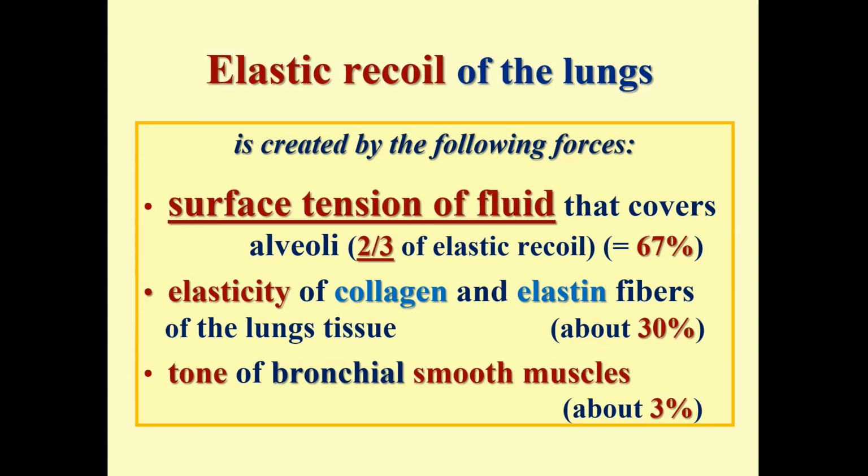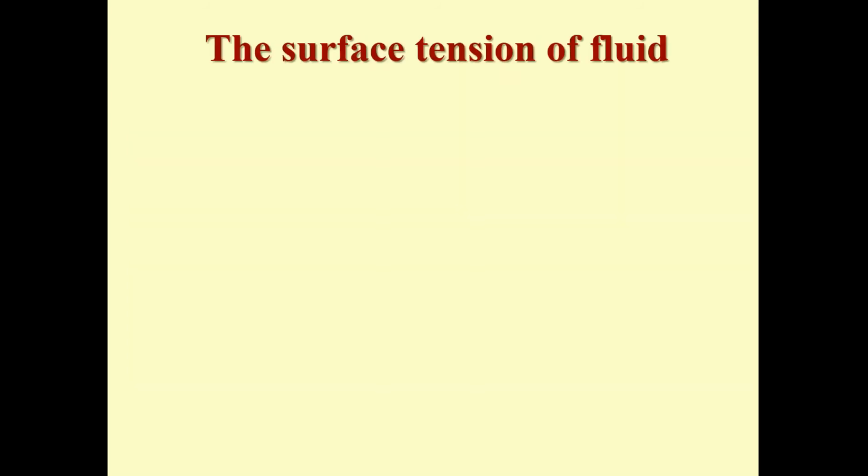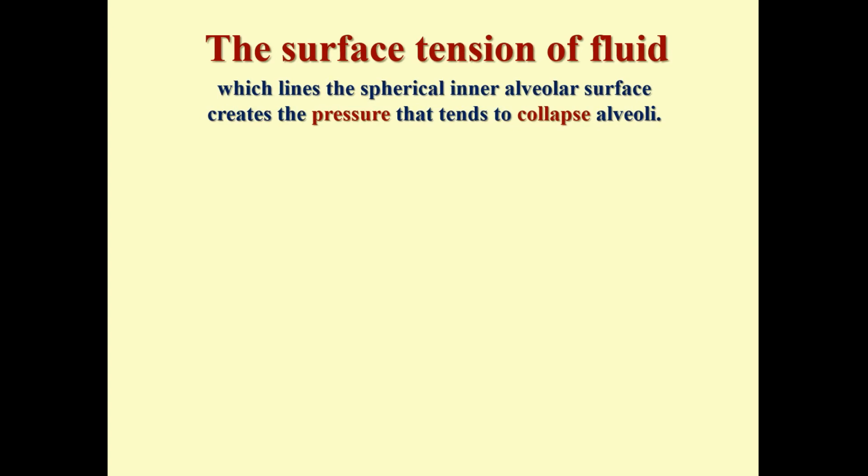But let's consider in more detail surface tension, because physics was a year ago and perhaps surface tension is not remembered well by now. The surface tension of fluid. This fluid, as you remember, lines each spherical inner alveolar surface.